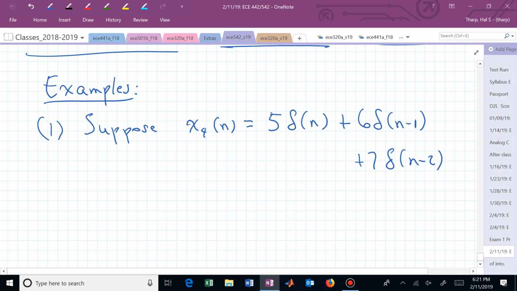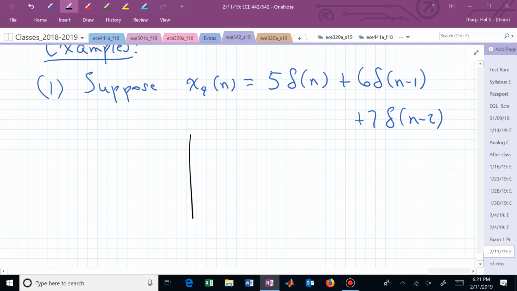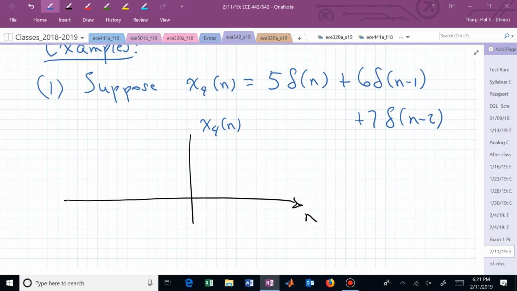What does this look like in terms of a plot of our sequence? If this is n, what does the picture of x sub 4 of n look like? Right at n equals 0, x sub 4 of 0 equals 5. So now we go up to 5, and we have a value. That's when n is equal to 0.